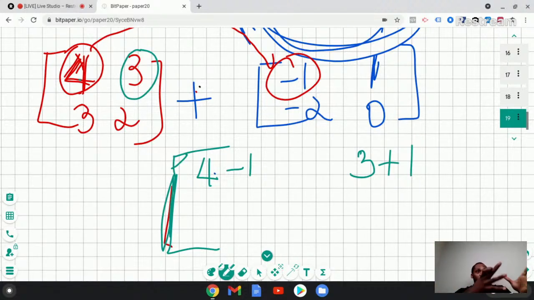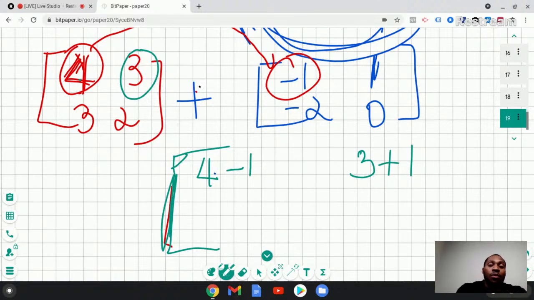Now I can just add A plus negative B. Especially if this is your first time seeing this, you want to think of it as 2 steps. I'm going to take the negative of the second matrix, so A minus B becomes A plus negative B.